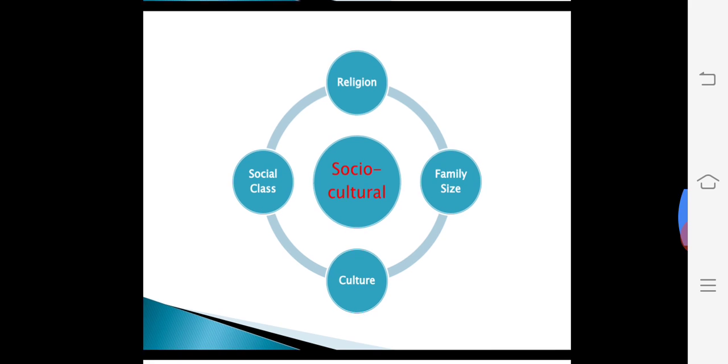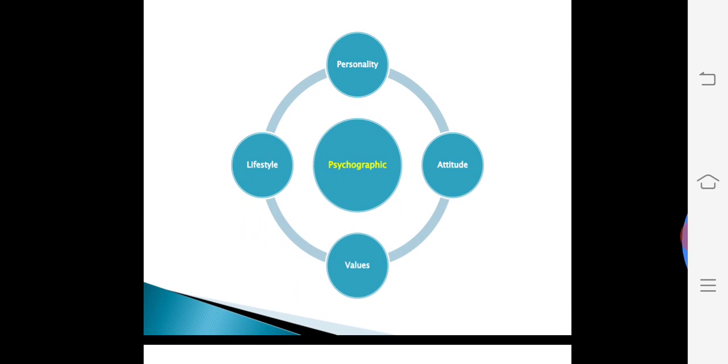Okay. Now we'll discuss the next one, that is psychographic segmentation. The first one is personality. Personality means the basic attributes or characteristics of a person, and a person's personality can be seen from his basic appearance, like his dressing style, his or her hairstyle, or his or her walking style, etc. Depending upon that, various companies, especially garment making companies, shoe making companies, or beauty salons which provide various hair cutting styles, cater to people.